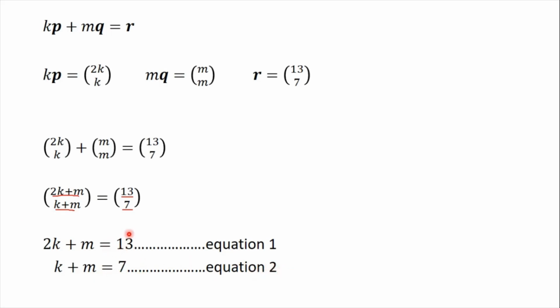We have two equations and two variables, so we can solve them simultaneously to find k and m.